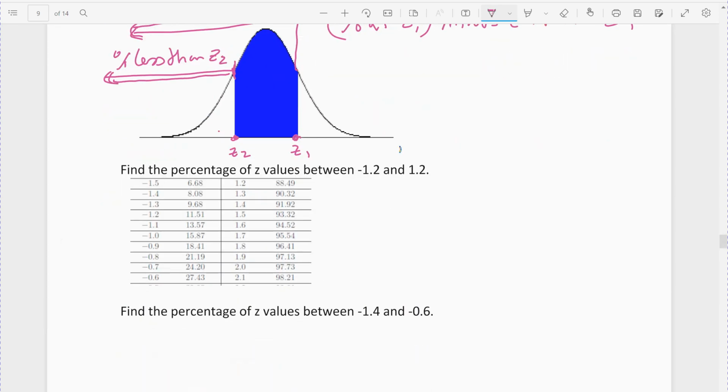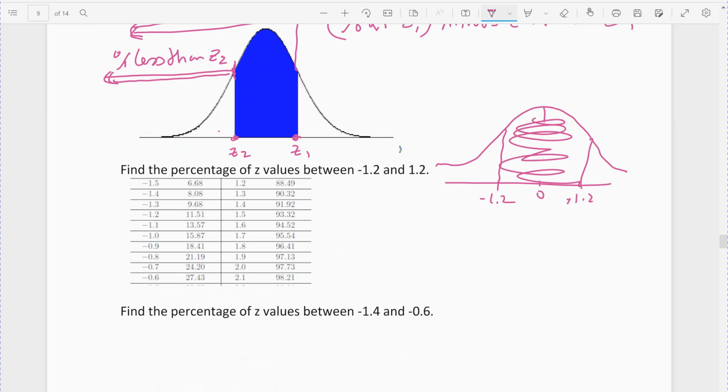Alright, so the first example, we want to find the area between -1.2 and +1.2. So if I draw the picture for that, remember zero's in the middle, so negatives down here, negative 1.2. This would be positive 1.2. The area between is what we're looking for. Using my highlighter, I'm going to draw it out.